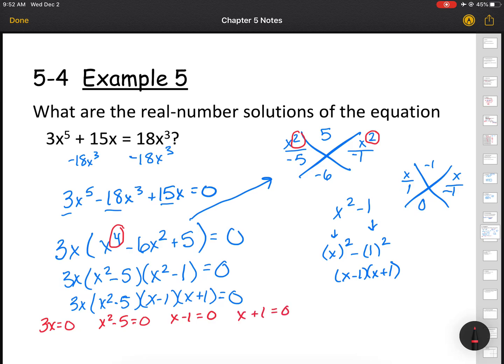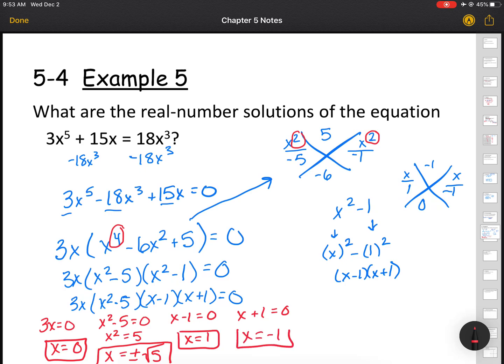So if I solve this first one and divide both sides by 3, x is still going to be 0. If I add 5 here to this one, and then take the square root, remember I need the positive or negative case of square root of 5. If I add 1 to the other side here, I just get x to be 1. And if I subtract 1 here, I get x to be negative 1.